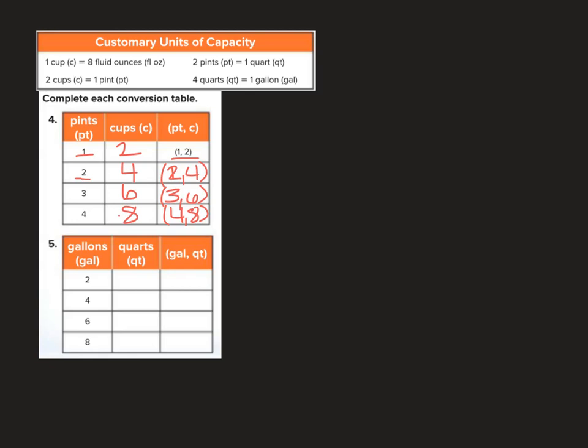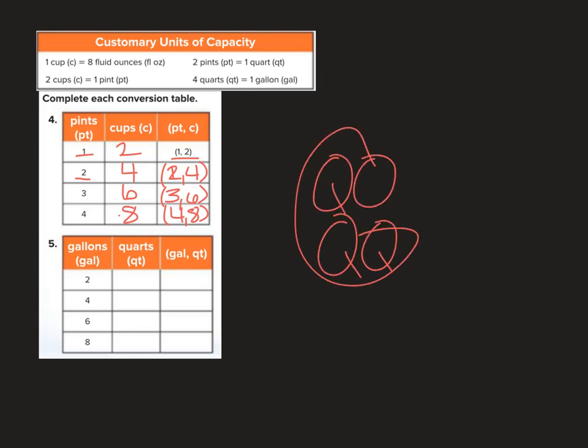Gallons here. A gallon has 4 quarts in it. So 2 gallons has 2 times 4 or 8 quarts. 4 gallons, 4 times 4, 16 quarts. 6 gallons, 6 times 4 is 24 quarts.